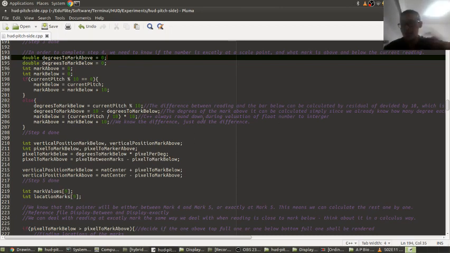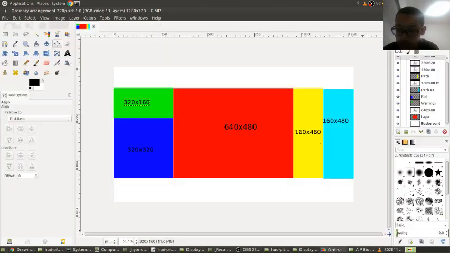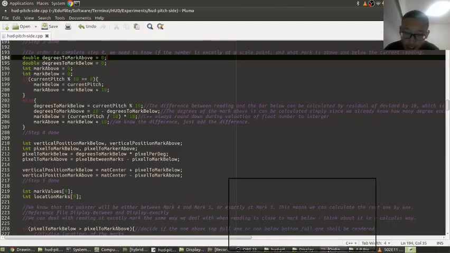So the attitude above is different from the location on screen above, because if you go like this, this is the middle, this is 10, 20, 30, and then it goes -10, -20, -30. So it's in the opposite direction.